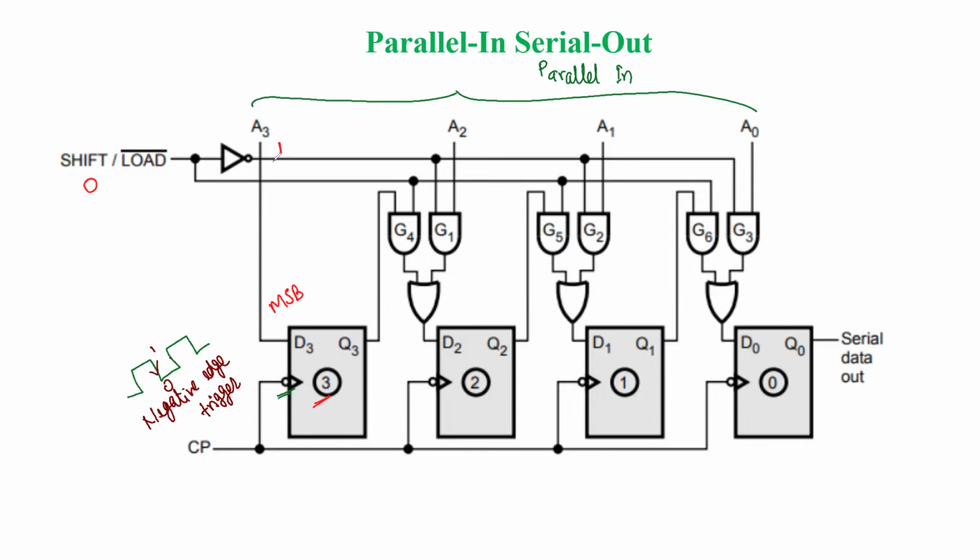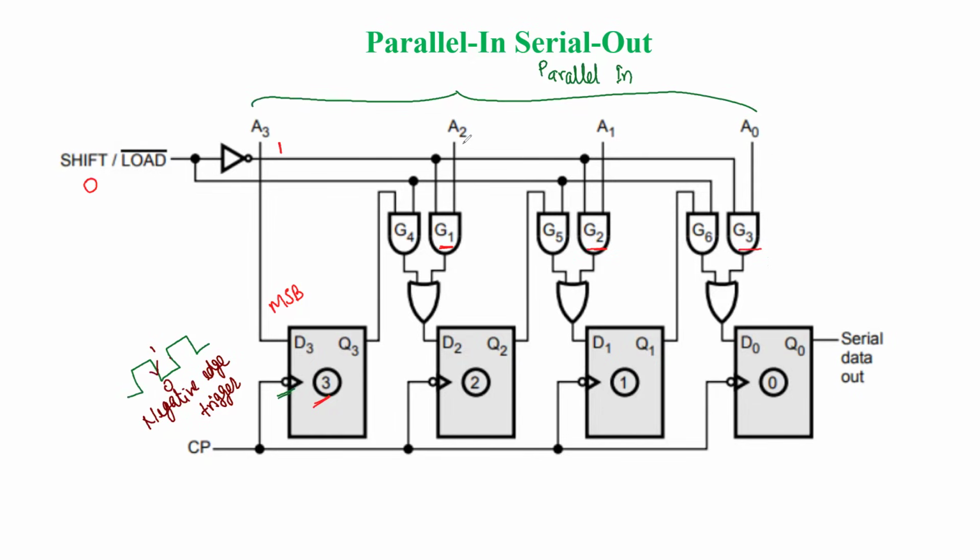Now since the inverter output is 1, AND gate G1, AND gate G2 and AND gate G3 have one input as 1 due to shift, and the other input is the data input.